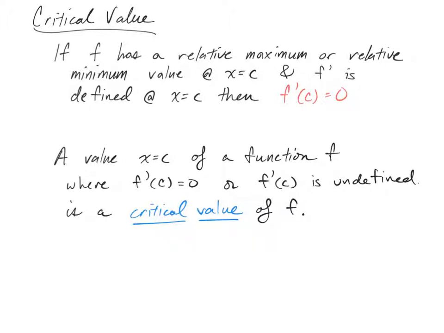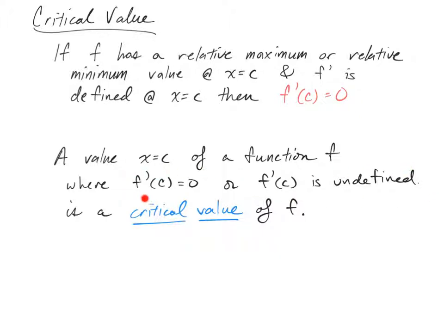So essentially what we will be doing in these next few examples is trying to find out where the relative maxes and where the relative mins happen. And in order to do that, we will need to find these critical values. So we have a couple different ways of looking at it. So we have this: if f has a relative max or min at this particular point, then f prime of c equals 0. That's what I was discussing on the previous slide with the horizontal tangent lines. But how we can find these critical values is given to us right here.